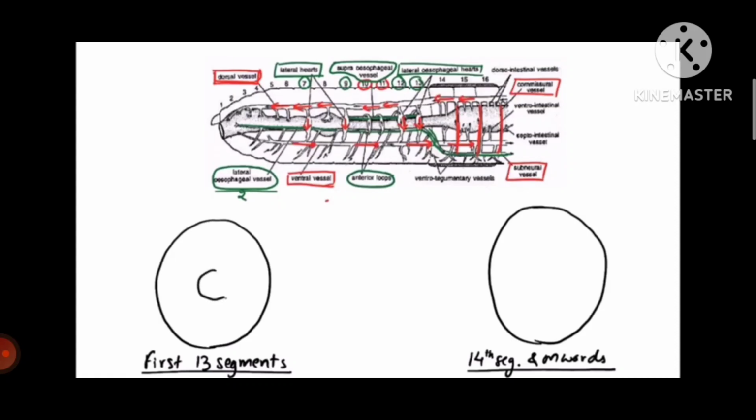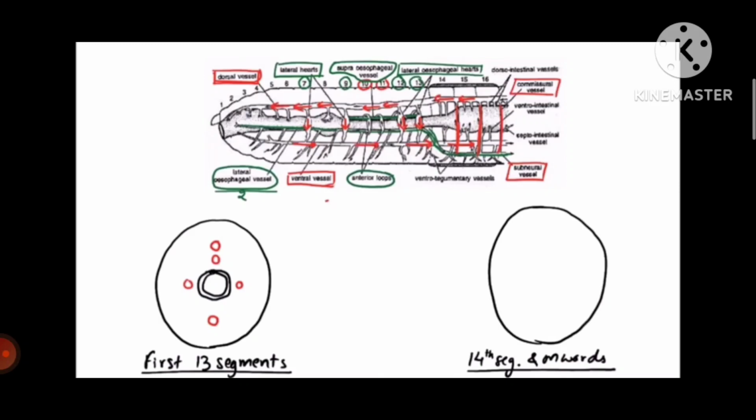This is the gut, and this is the dorsal vessel. This is the ventral vessel, and these are the lateral esophageal vessels, and this is the dorso-esophageal vessel, which is also known as supraesophageal vessel.